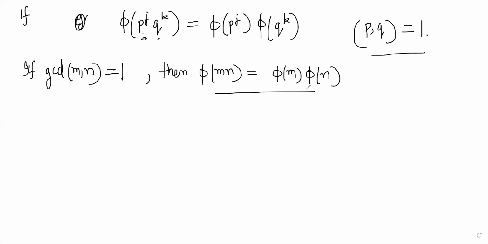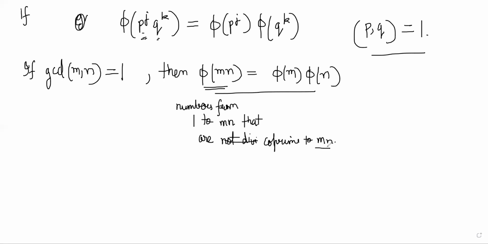Let's think about it. There is no number between 1 and MN that is both a multiple of M and a multiple of N. Right now we are calculating numbers from 1 to MN that are co-prime to MN.